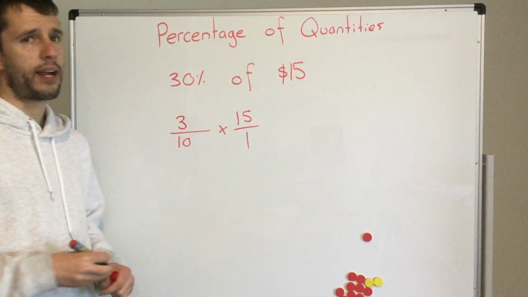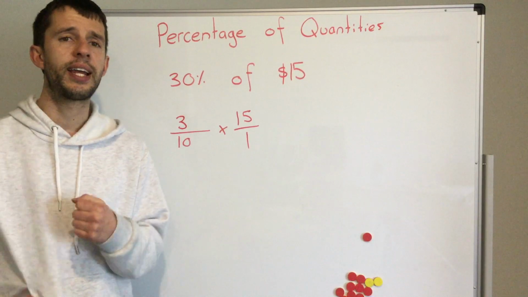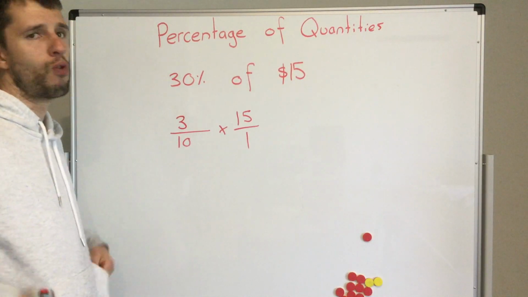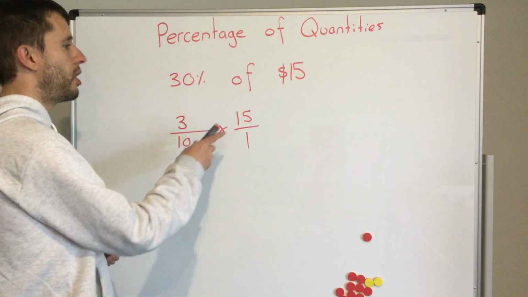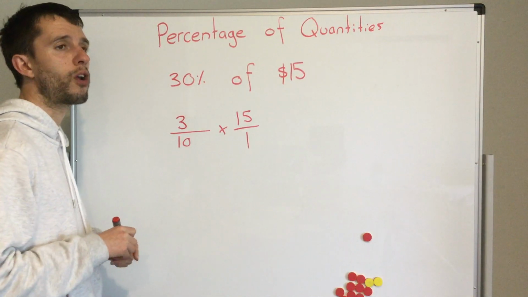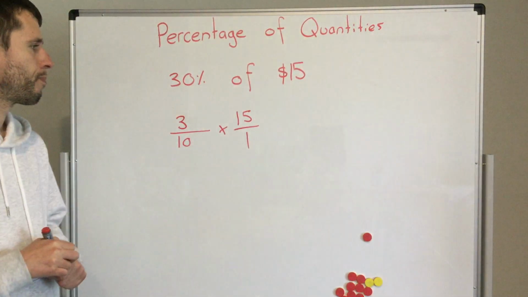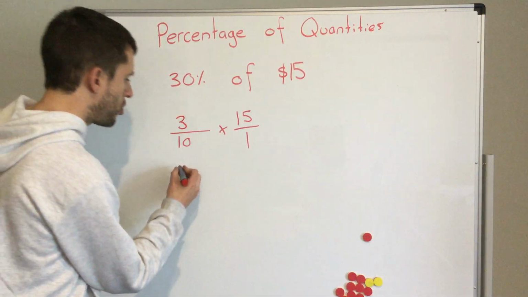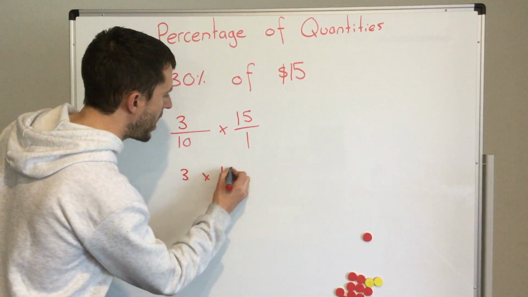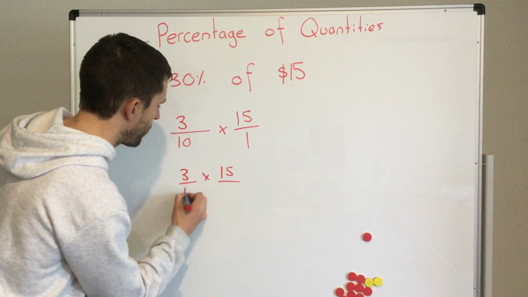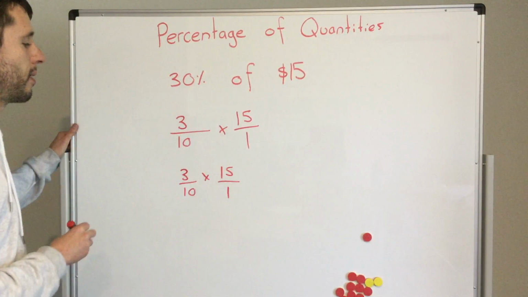I can solve it like this, or I can simplify. And we'll be talking a lot about this. So this is cross simplification. So I'm going to do it as cross simplification, and then I'm going to go over it as it is.